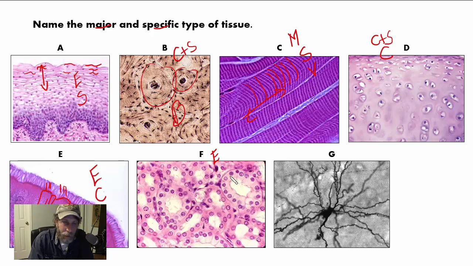Epithelial once again, because we've seen all these. And notice the cells that form this nice interlocking pattern to create ducts or blood vessels or whatever. So this is cuboidal epithelial tissue. And finally, this one, G, this is nervous tissue. And this is the neuron with all its branches for communication.